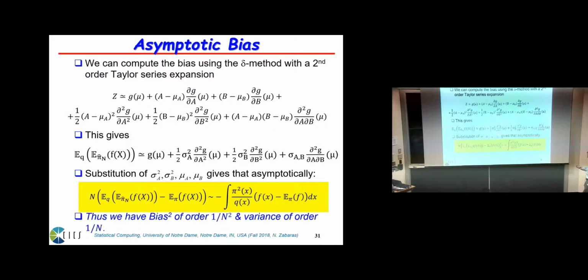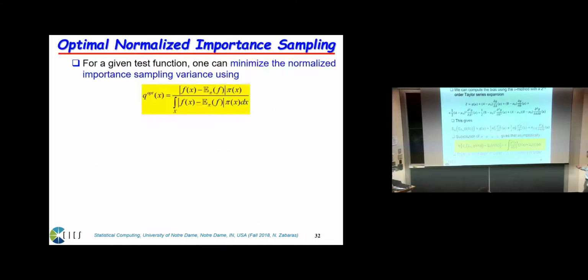Asymptotically it is unbiased, only asymptotically. So this is what I had before. The bias is 1 over n times this variance term, so the bias squared is of the order 1 over n squared, and the variance of the order 1 over n.